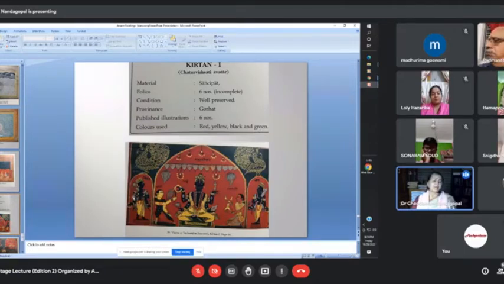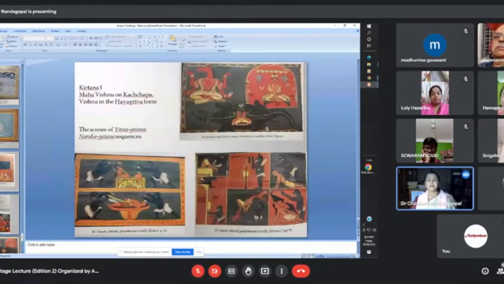But a very good designer and artist has created this. And here you see Mahavishnu and Kachapa and Hayagriva, Vishnu in Hayagriva form, because Hayagriva is very popular in the Vaishnava tradition in South India. But here again in Assam, it is such an important form of Vishnu worship.